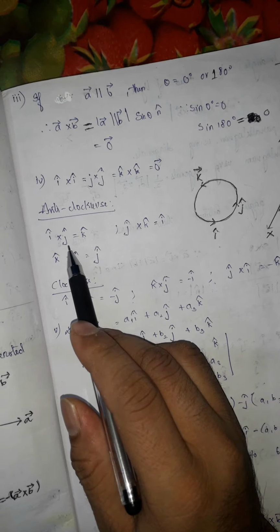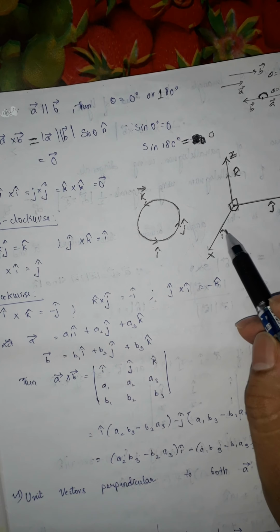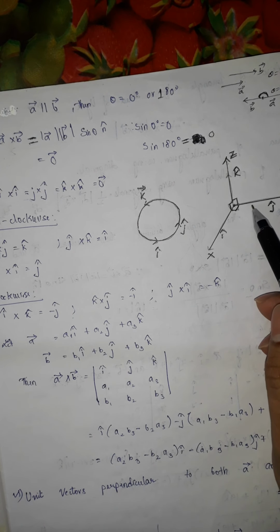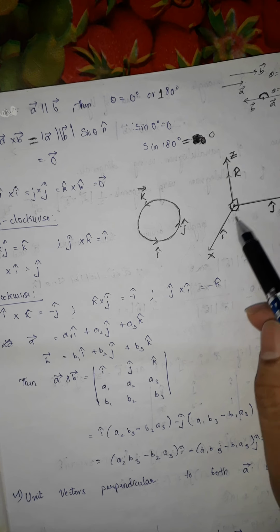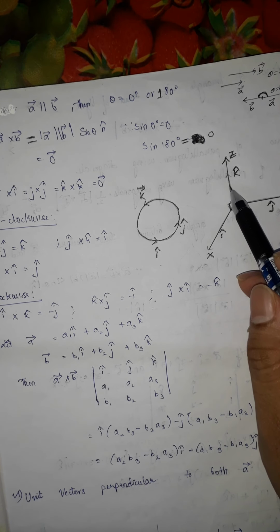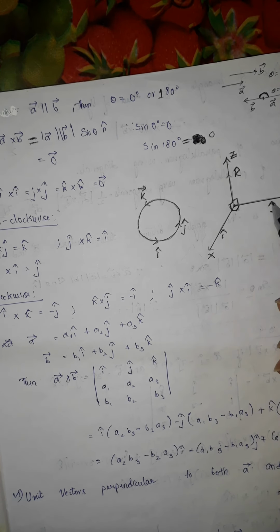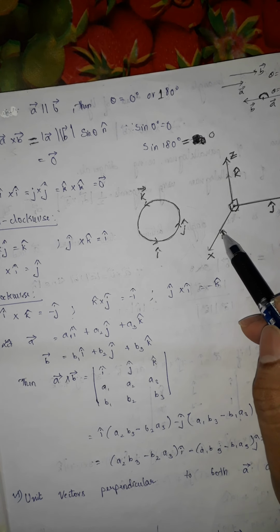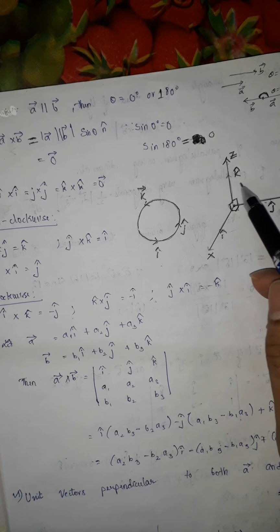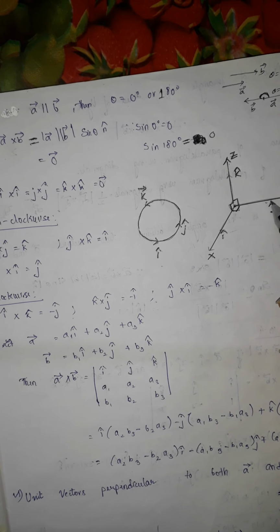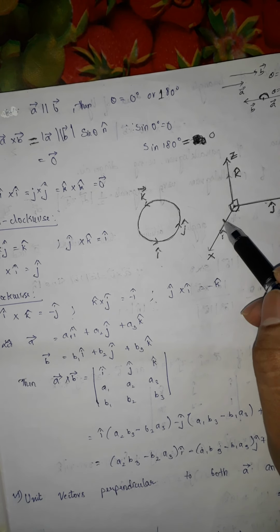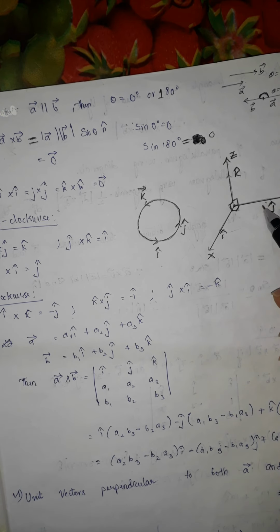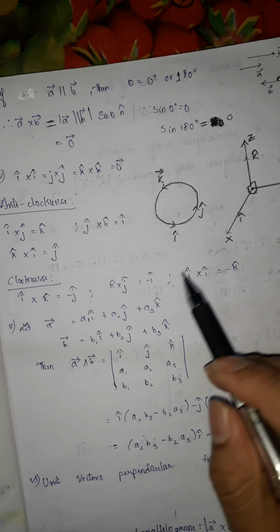i cross j, in anti-clockwise direction, will be k vector. j cross k is i, and k cross i is j, in anti-clockwise direction.